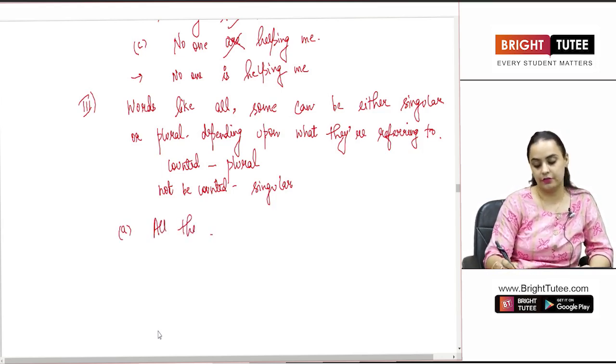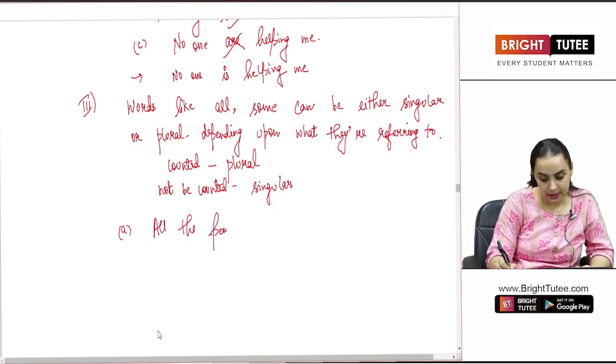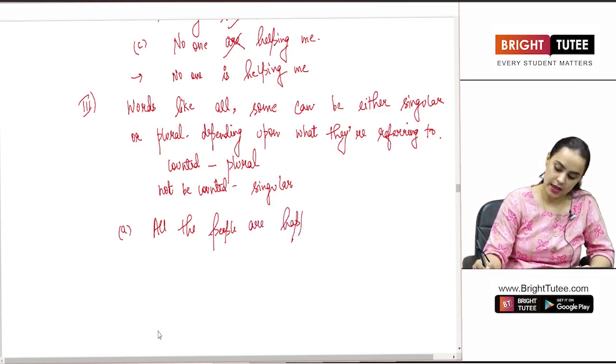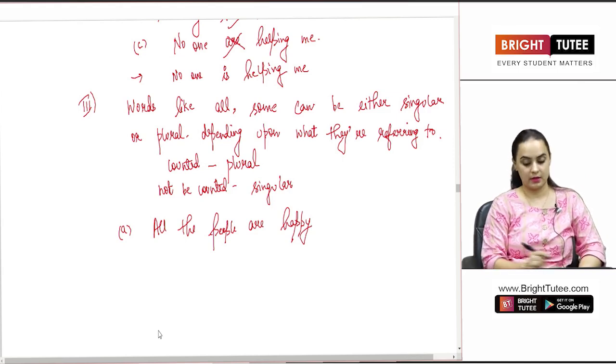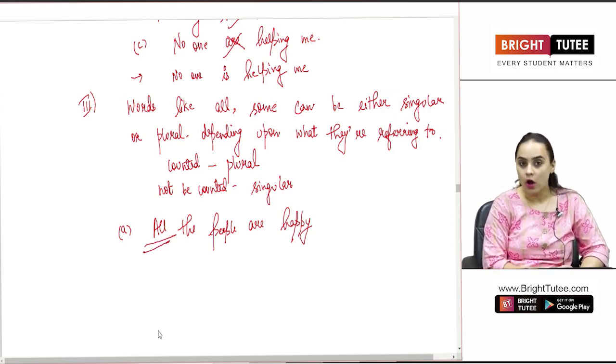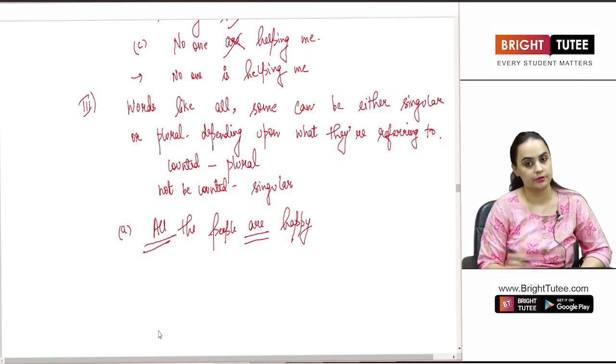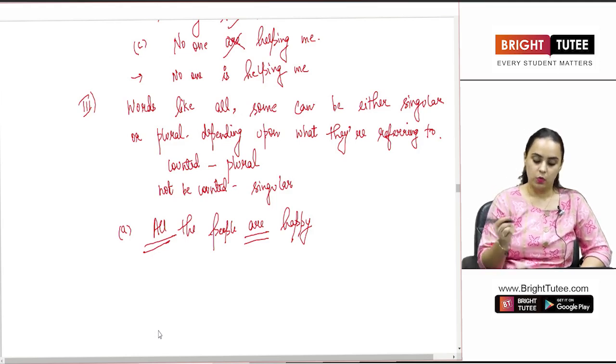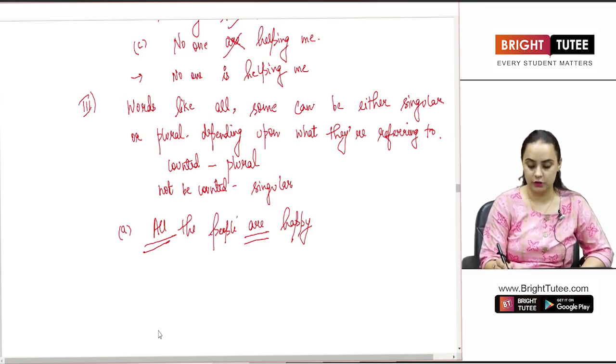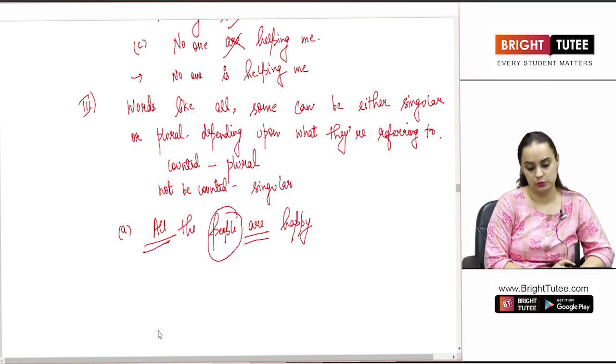All the people are happy. I have used all and are. What is this all referring to? People, which can be counted by us. That is why we used a plural verb.